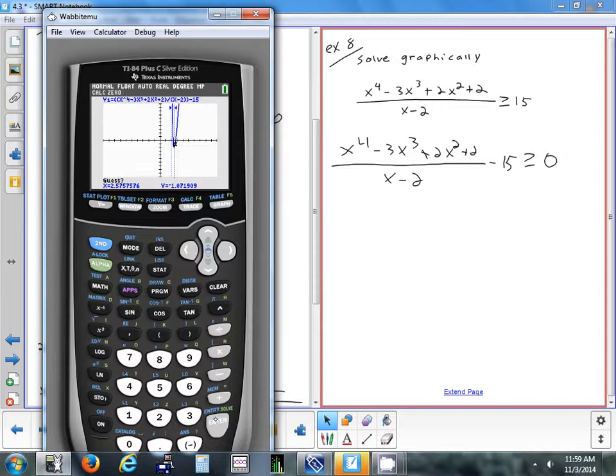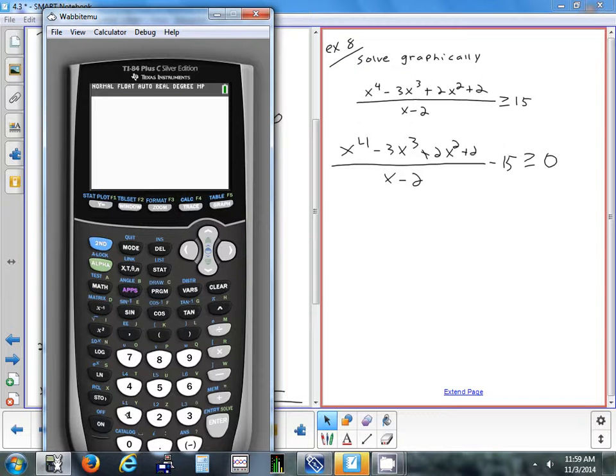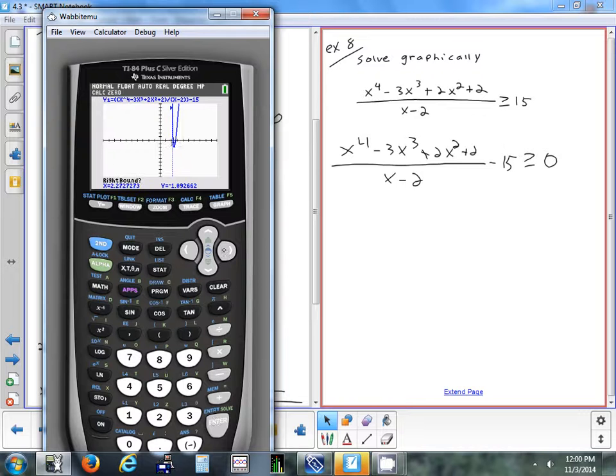Pick a point somewhere to the right, but try not to get that other root, because if you have two roots in the same interval, that's going to be a problem. Yeah, so somehow I must have grabbed both roots. Pick a point left, right, and see if that works. Okay, so one of my roots is 2.22.